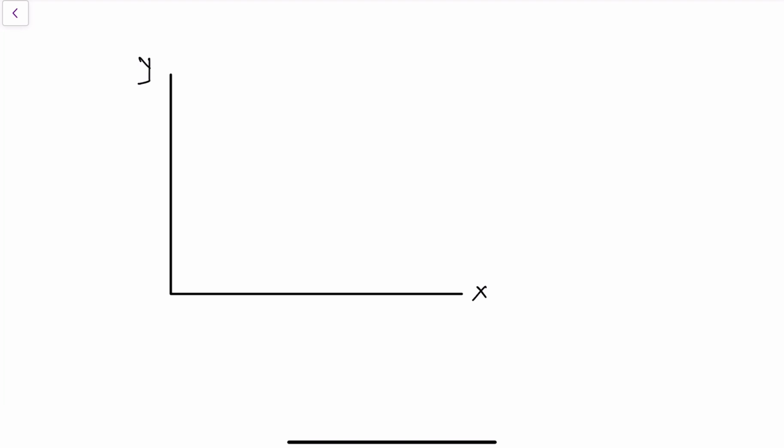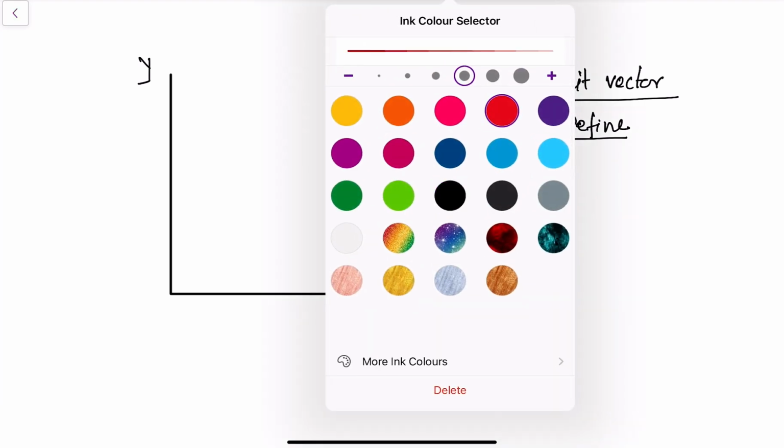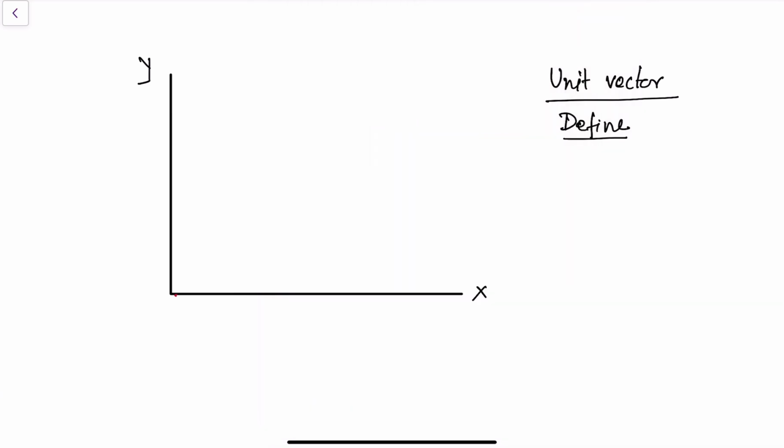Such vectors are called unit vectors. In the last class we have understood unit vectors. So we can define 2 unit vectors here. Okay, we will need 2 unit vectors. What are those 2 unit vectors? One unit vector we will need in the x-axis direction.